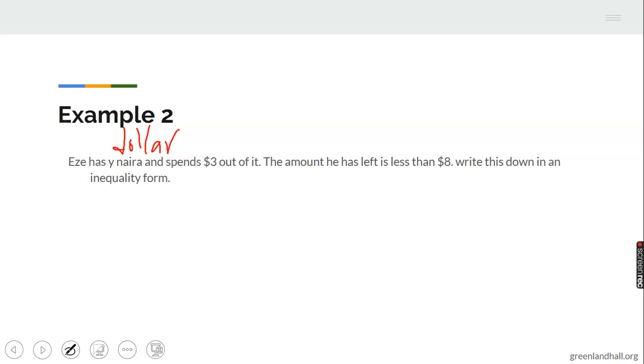So that means Y dollar minus $3. That is the amount that I spent now. Now, the amount left, Y minus 3 is the amount left, is less than, what is the symbol for less than? This is the symbol for less than. Is less than $8. So that is just the inequality.